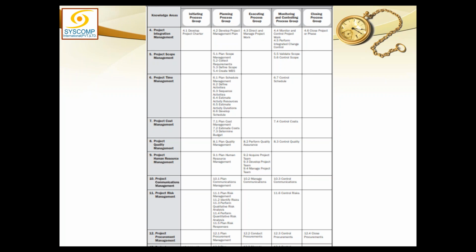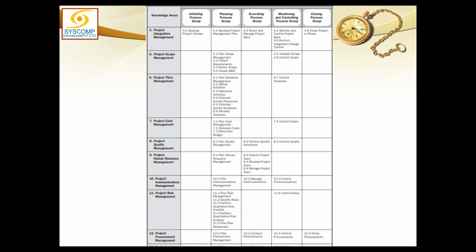Now, if you can look at this chart, this is also available in the PMBOK. Do you have it? Yes, sir. I downloaded it already. Okay. So you might find this chart there as well. I did mention 10 knowledge areas and 5 process groups. And I also said that the 47 processes can be divided into 5 process groups, as well as they can be divided into 10 knowledge areas.